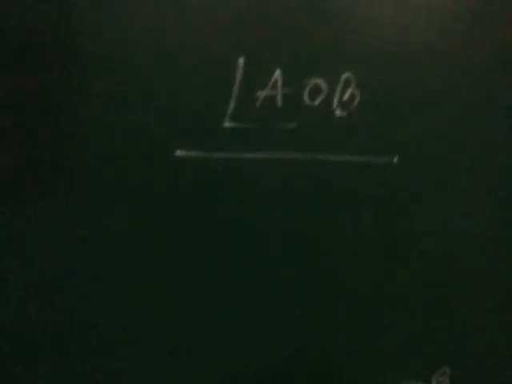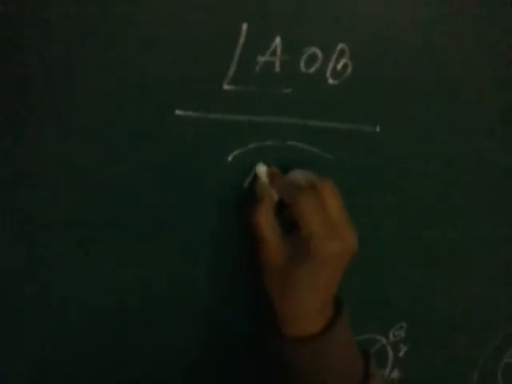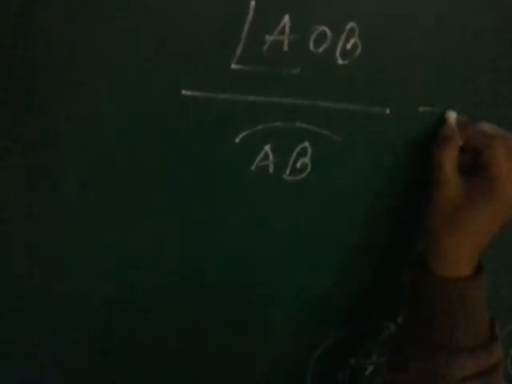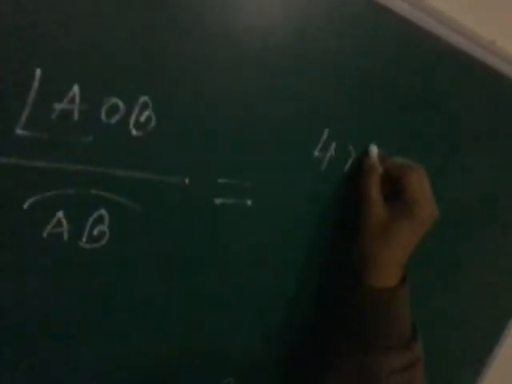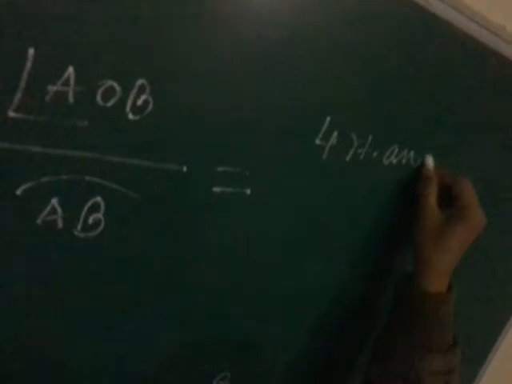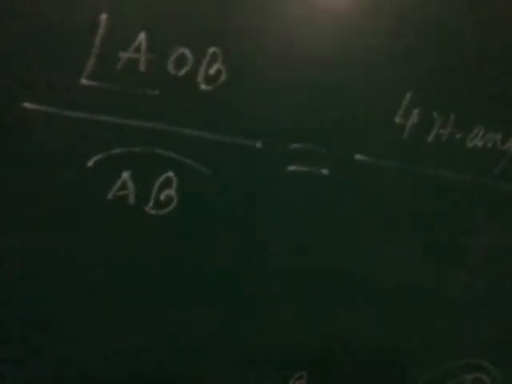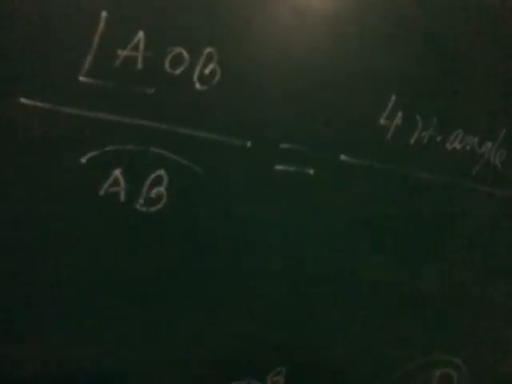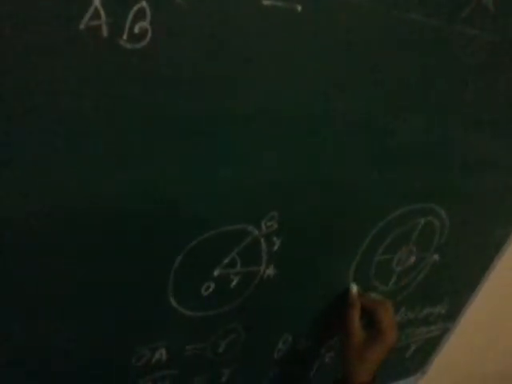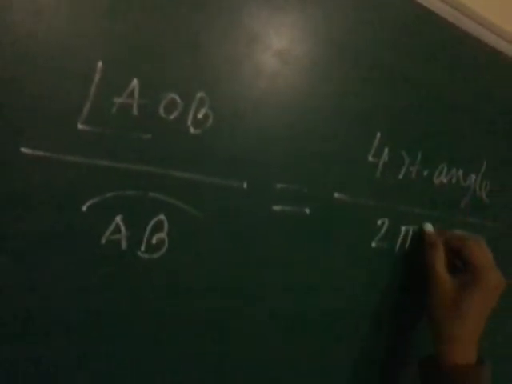If we take angle AOB by length, meaning arc AB, then angle AOB in that case will be 4 right angle, and the whole circumference will be the arc, that is 2 pi r.